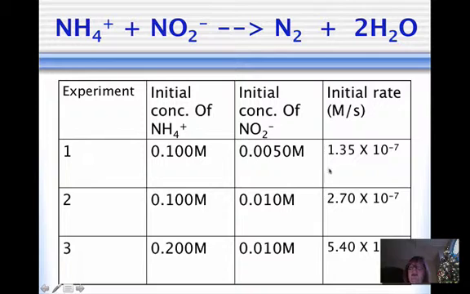What you do is you plug this in as your rate is equal to K, this raised to the first power, and then this raised to the first power, and solve for K. And then try it for the second experiment and the third experiment and bring those answers to class. Now, what you should find is that the value of K should be the same in all the 3 experiments. It doesn't matter what experiment you pick. Remember, K only changes if your temperature changes. So go ahead and do the calculation for K.